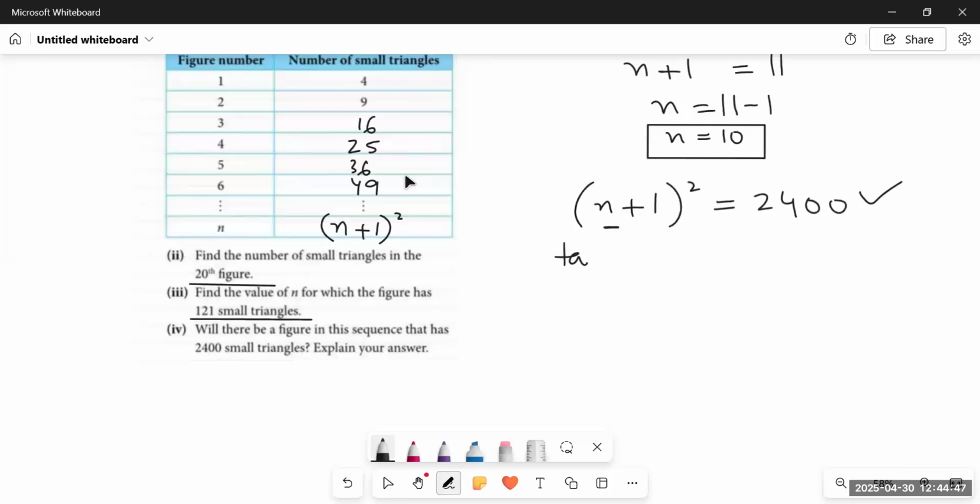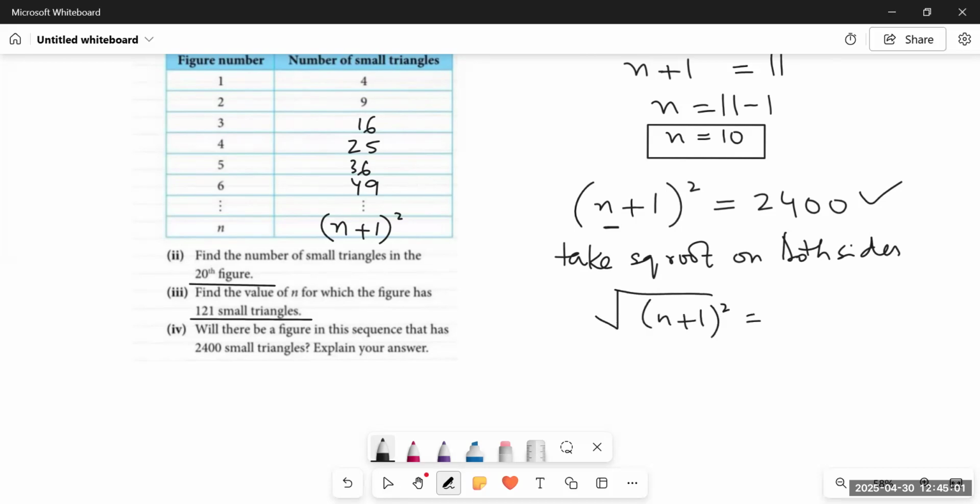Taking the square root on both sides, n plus 1 is the square root of 2,400. If we want to check, students, 2,400 is not a perfect square. You see?